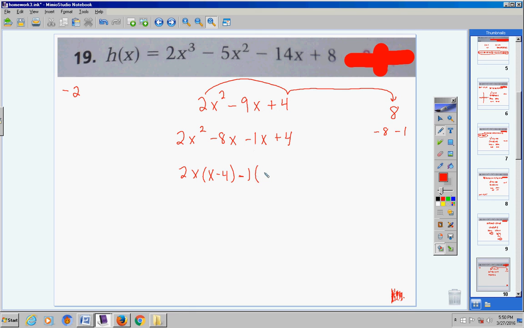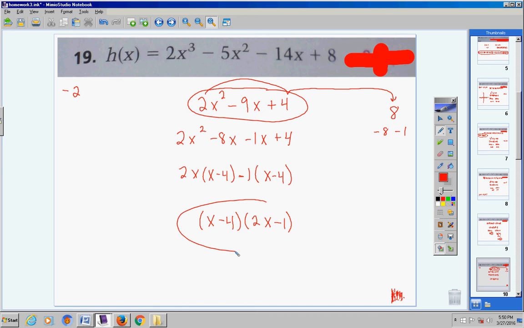So we're left with x minus 4. Alright, so do my parentheses match? Of course they do. So x minus 4, and I'm left over with 2x minus 1. There we go, I did it. I took this and factored it down to this. And now all I have to do is take each group and set each group equal to 0 and solve.